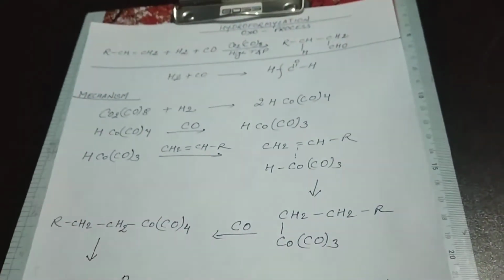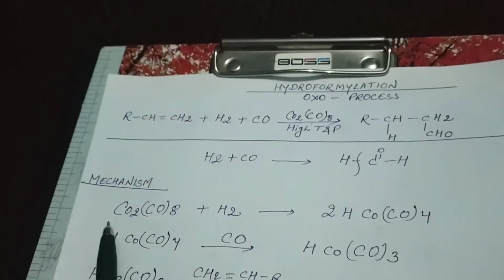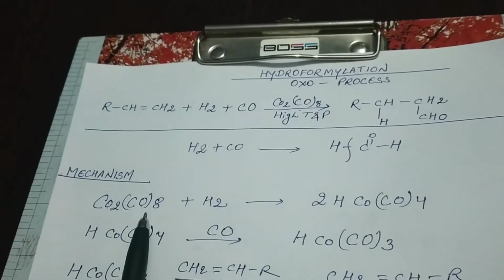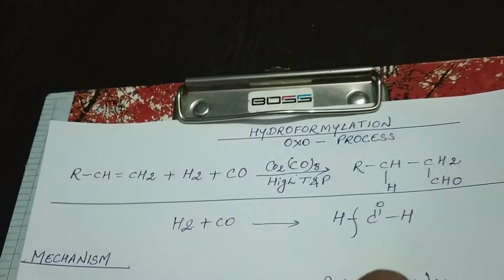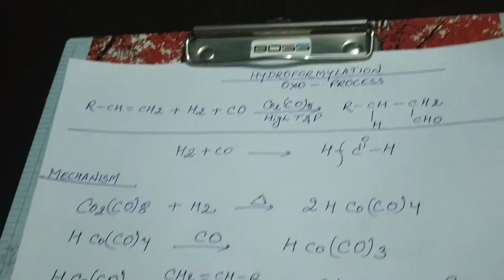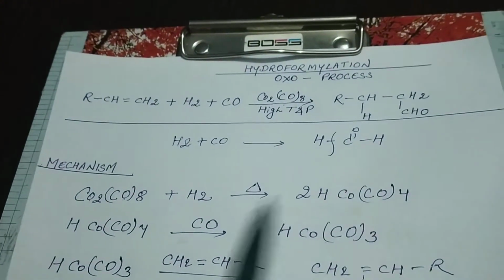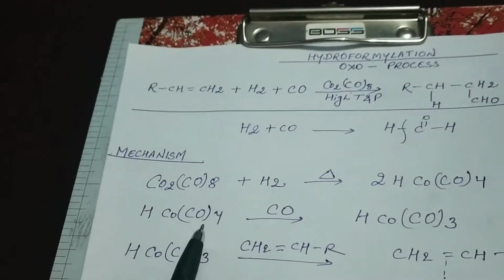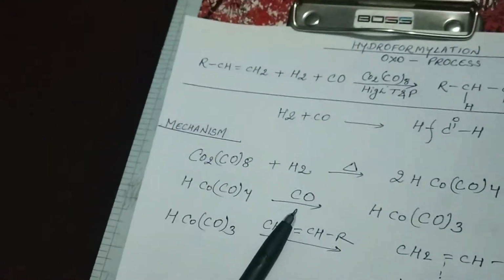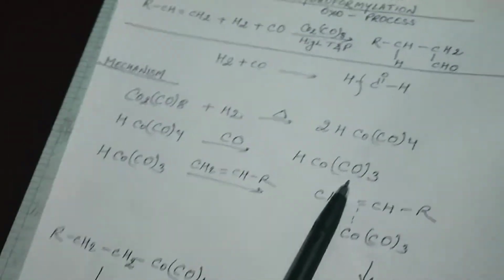Once again I am telling this. The catalyst reacts with hydrogen at high temperature and pressure, forming metal carbonyl hydride. This metal carbonyl hydride loses one CO molecule, forming this unsaturated species.